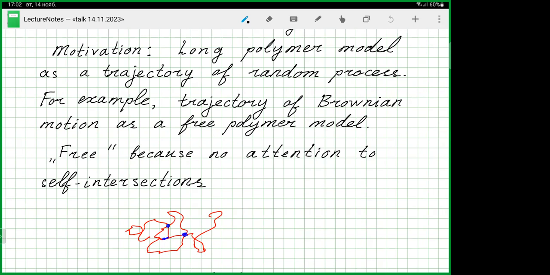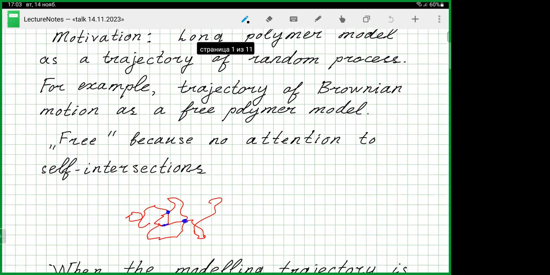And this correlation is much easier to understand and can be modeled when we use Gaussian processes. But from the other side, the shape of the trajectory of such a well-studied process, for example Brownian motion, is very complicated.